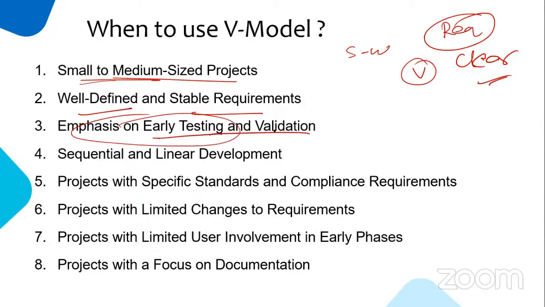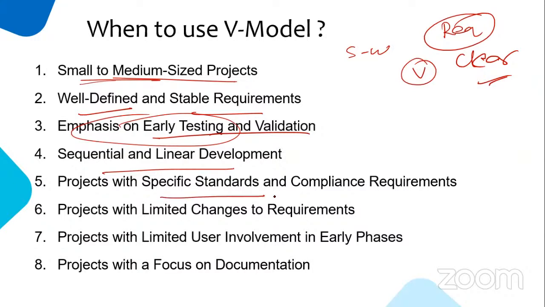So testing is going to start in the early part, and then it is sequential and linear development. One by one things are going to happen in parallel. The testing team will do some tasks, the same way the development team will do some tasks.